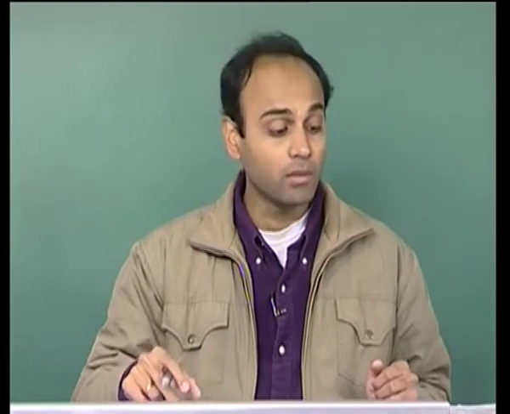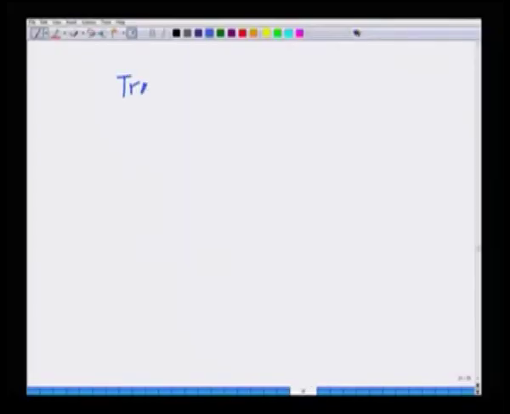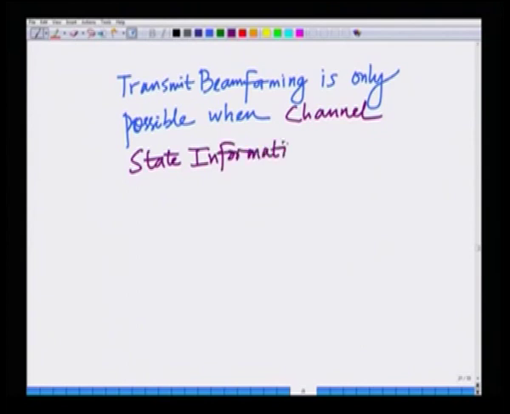Hence, transmit beamforming is only possible when channel knowledge or channel state information is available at the transmitter.